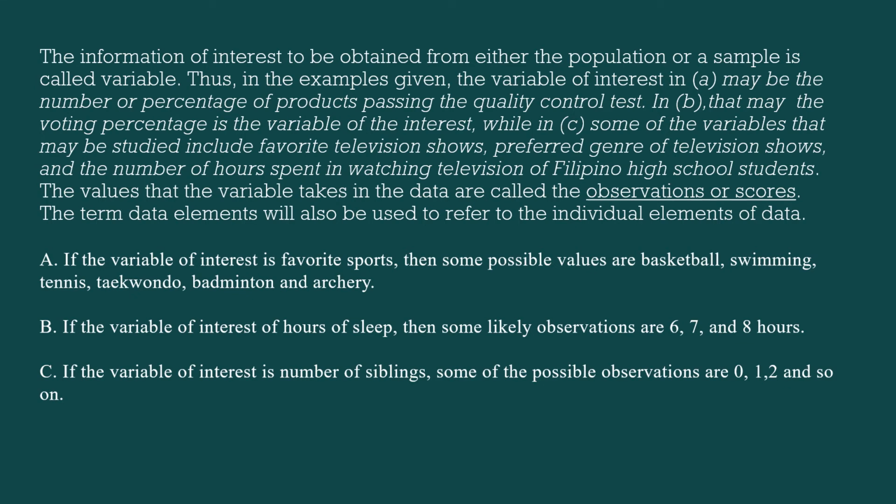B, if the variable of interest is hours of sleep, then some likely observations are 6, 7, and 8 hours. C, if the variable of interest is the number of siblings, some of the possible observations are 1, 2, and so on.